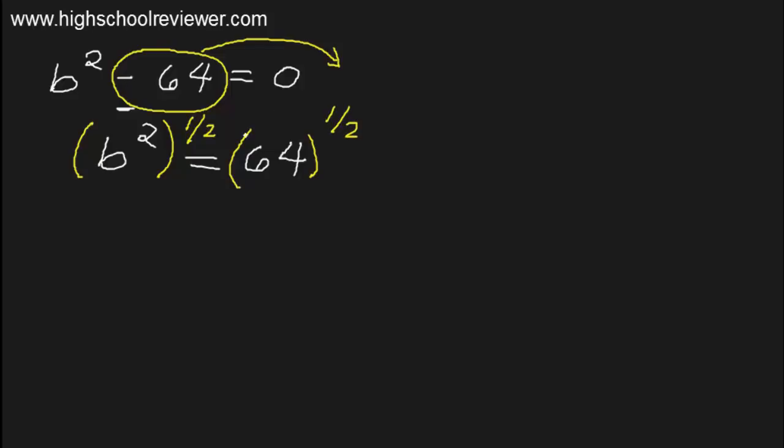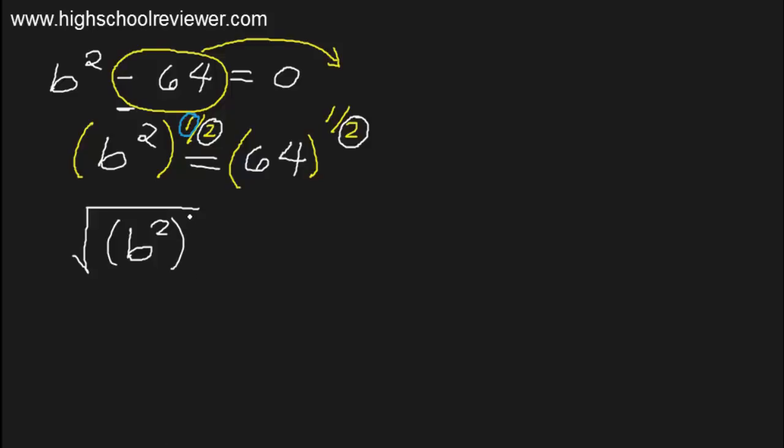So the denominator of the exponent will be the equivalent of the root. So since 2 is the root, this will be the square root. Our base is b squared, and the numerator of the exponent is 1, so that will be the exponent of b squared.